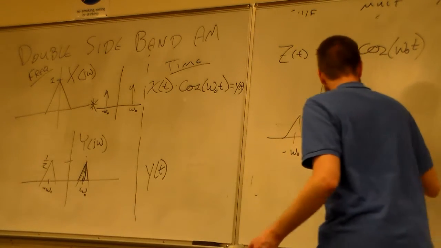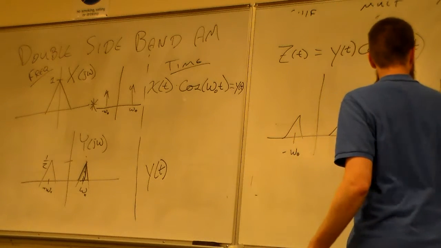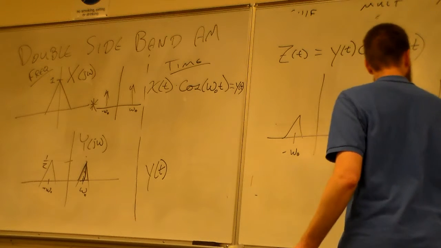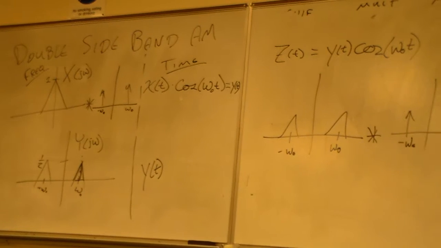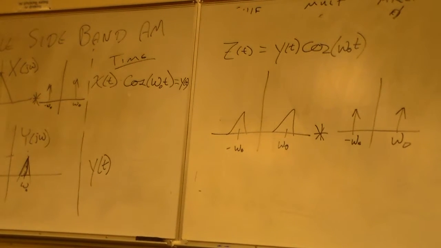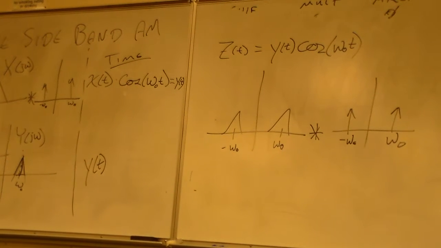Two pulses again. The omega naughts are still the same. What's the output of this convolution? Three triangles.